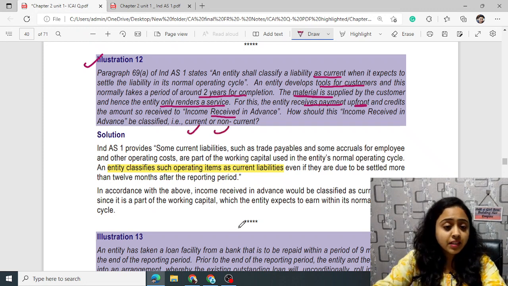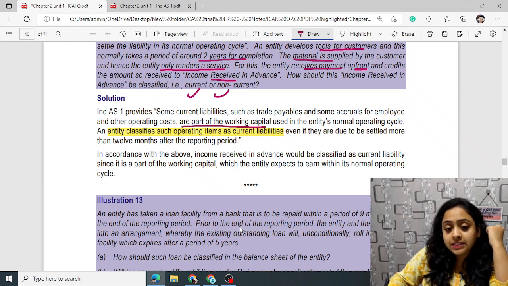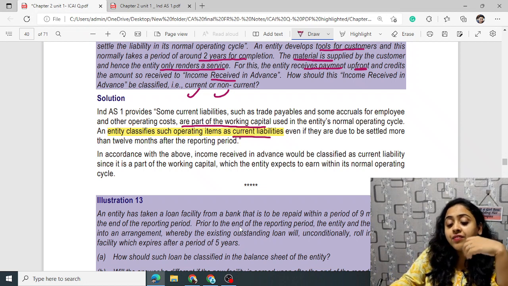Okay. Now, let's see. Some current liabilities such as trade payables and some accruals for employees and other operating costs are a part of working capital and used in the entity's normal operating cycle. An entity classifies such operating items as current liabilities even if they are due to be settled more than 12 months after the reporting period, okay.